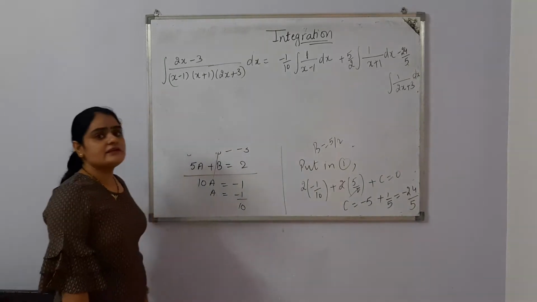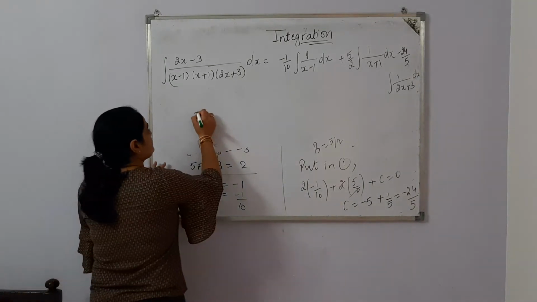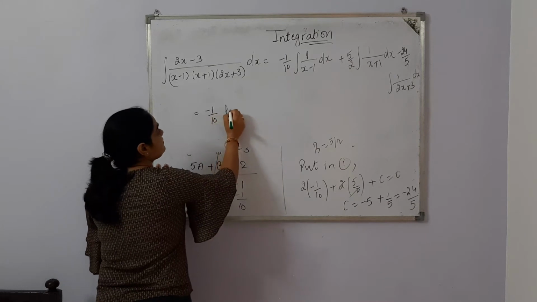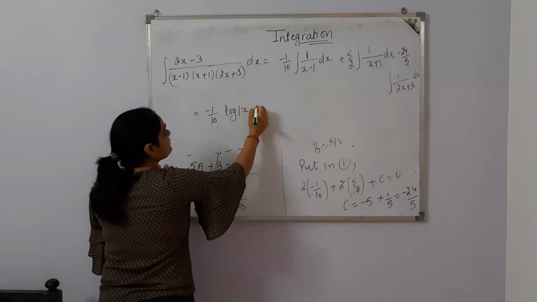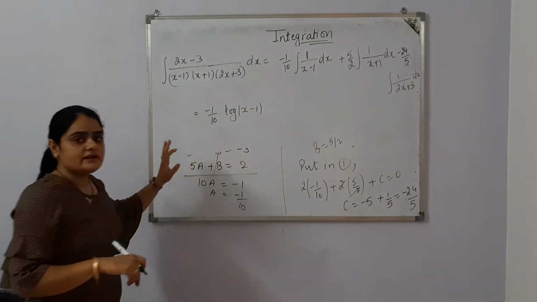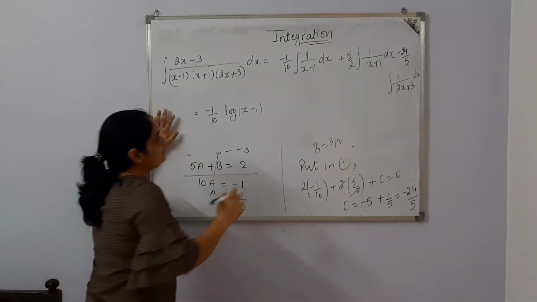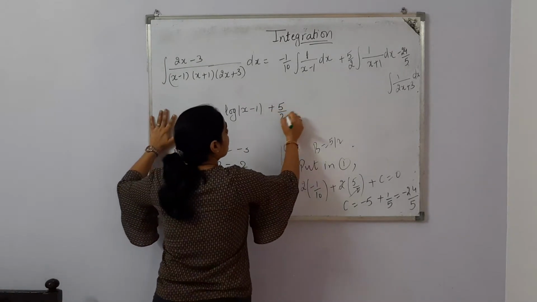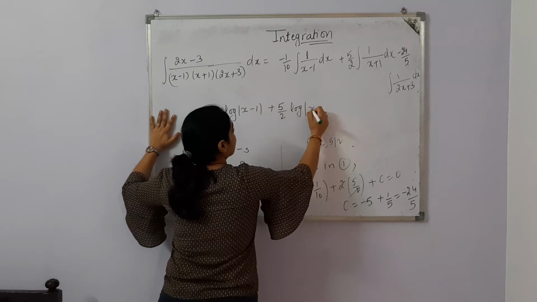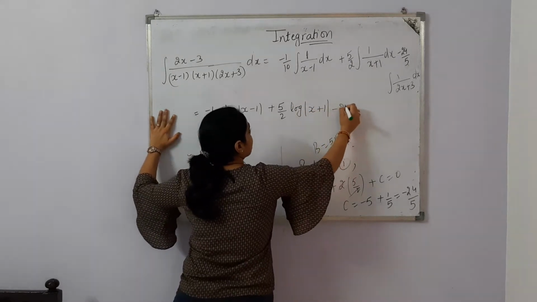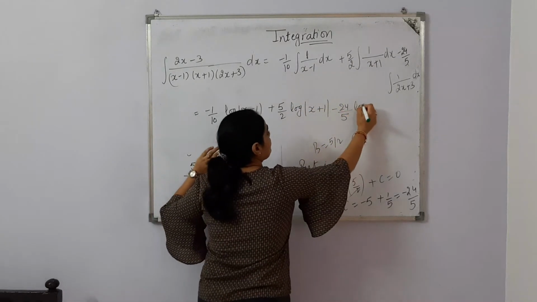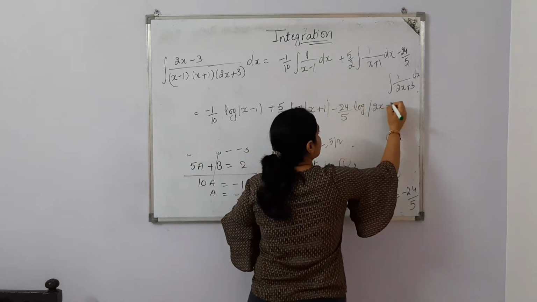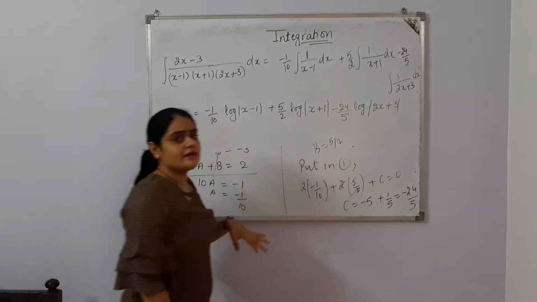Now we have three different segregated functions. We can apply integration easily. So 1 upon x minus 1's integration is log of x minus 1, and minus 1 by 10 was outside, plus 5 by 2 log of x plus 1, and minus 24 by 5 log of 2x plus 3. But here the chain rule is applicable.